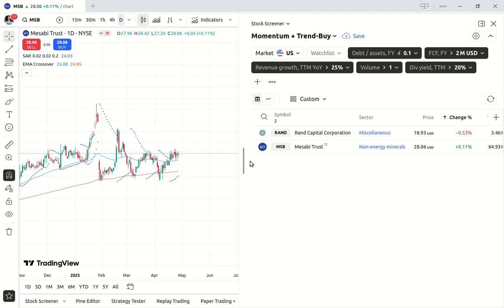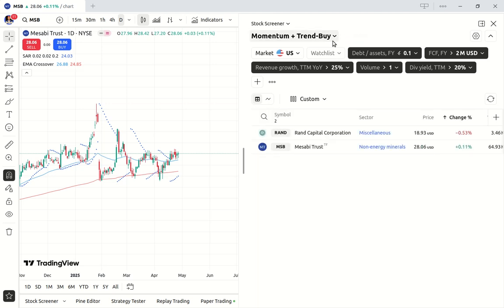So you want to buy stocks that have high liquidity, with revenue growth year over year of 25%, dividend yield of 20%, volume of 1 million, debt to equity ratio below 10%, and free cash flow of 2 million. Yeah, I think we can save that.